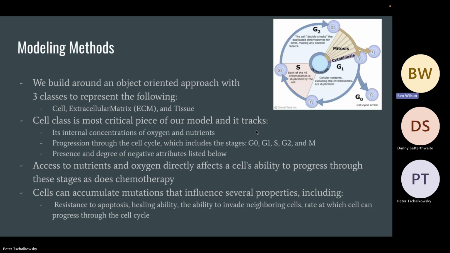And the second class that we implemented is the extracellular matrix, which encodes the concentration of extracellular oxygen, nutrients, and chemotherapy. Vasculature is also encoded in this class, and in this model is a simple column of vasculature in the center of the tissue.